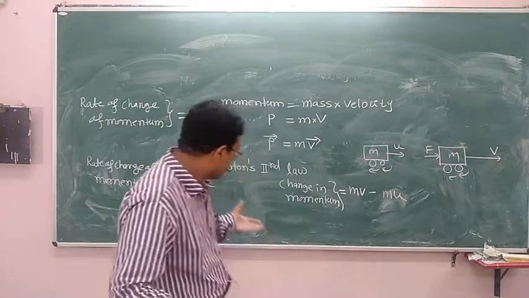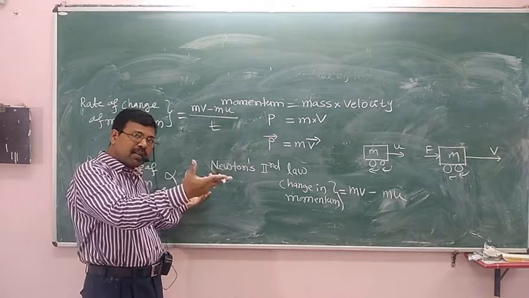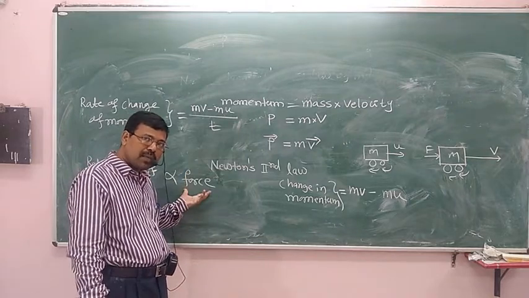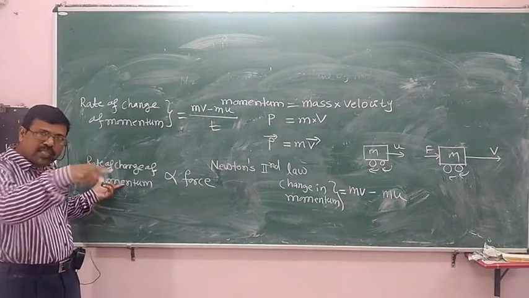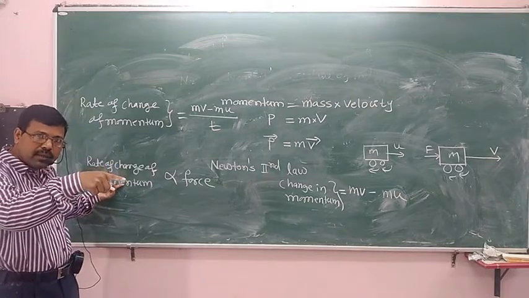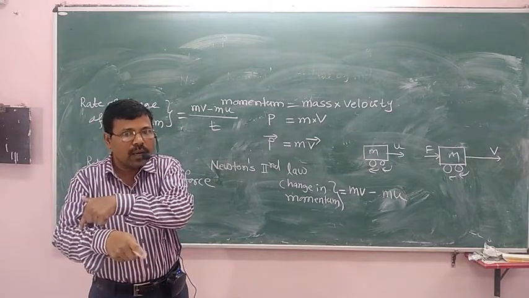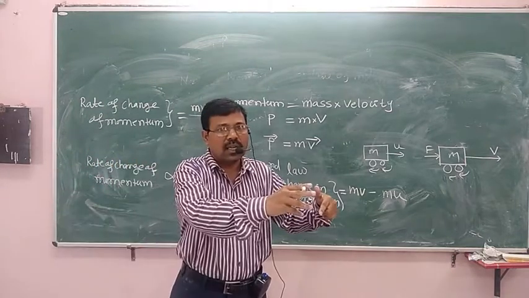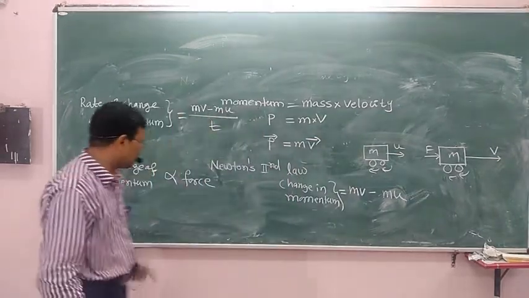In other words, the force acting upon the body is directly proportional to the rate of change of momentum. Both are the same. Change in momentum of the body depends on the force applied. Okay? Or the force is directly proportional to the rate of change of momentum.